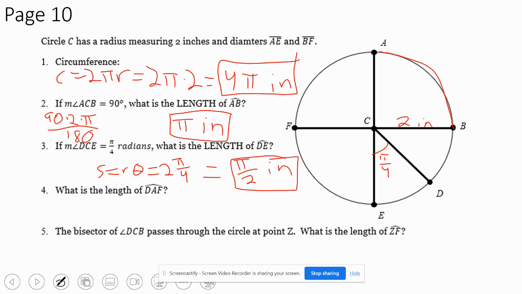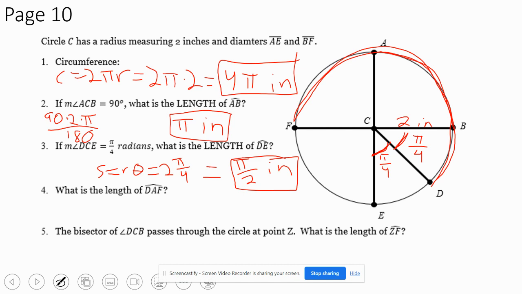And then we asked for the length of DAF. So arc DAF, that's going the whole way from here to here. Again, a couple ways you could think about this. You can use fraction of the circle. You can plug in, right? I can tell that if this right here was pi over 4, then this right here also has to be pi over 4, since they're making up a 90-degree angle there.